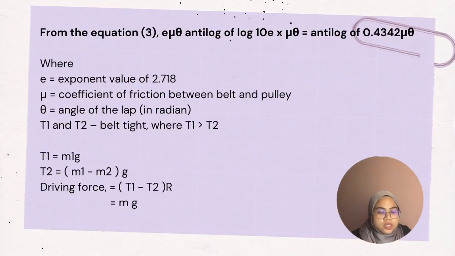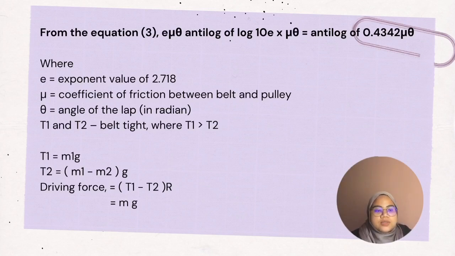From equation 3, T1 over T2 is equal to e to the power of mu theta, the antilog of 0.4342 mu theta, where e is the exponent value of 2.718. Mu is the coefficient of friction between belt and pulley, and theta is the angle of the lap, which we can use in radians.